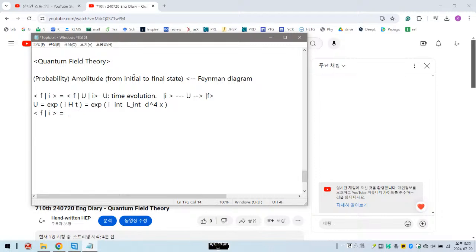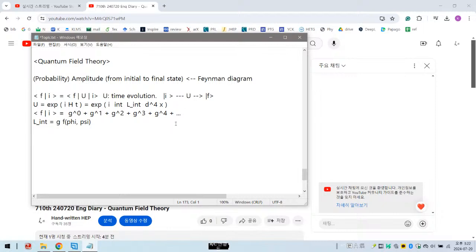If the interaction Lagrangian contains a coupling with some field phi or psi, then there is an expansion with the zeroth order, the first order, the square, the cube, the quartic, and we can go on, and by that we can obtain the Feynman diagram.